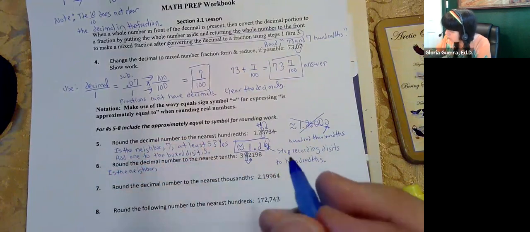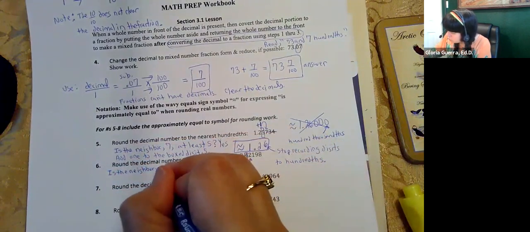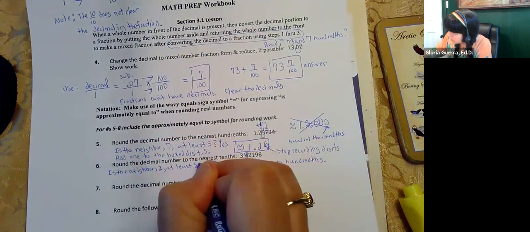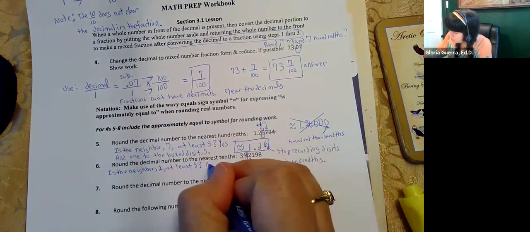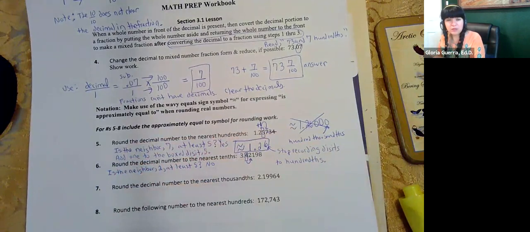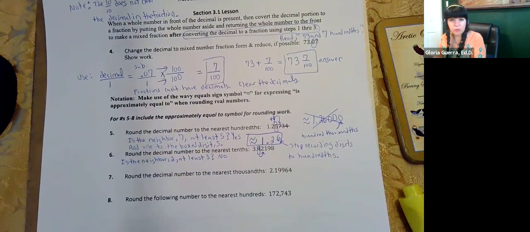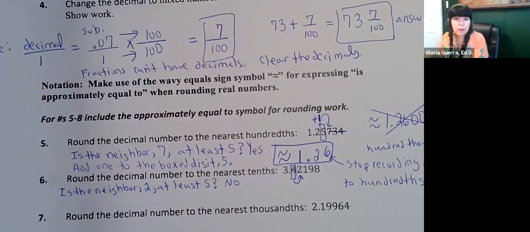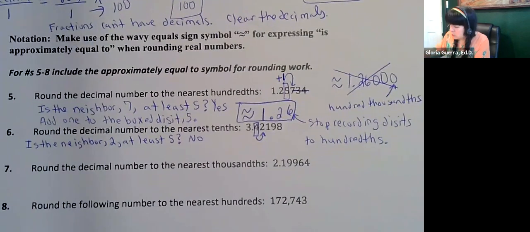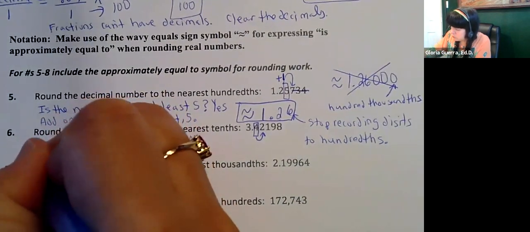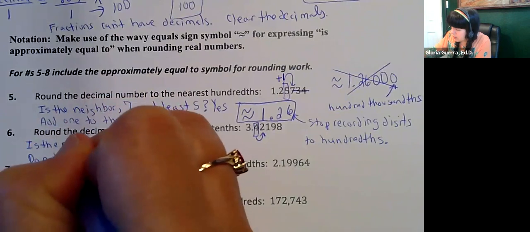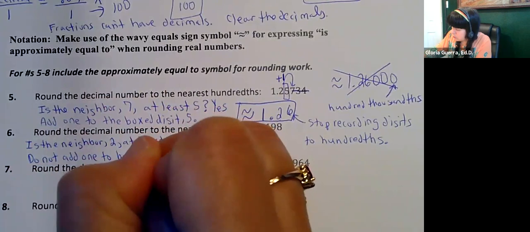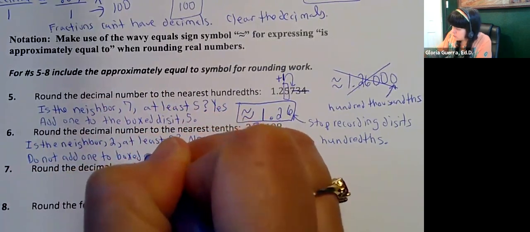The question is, is the neighbor 2 at least 5? And you would say no, that 2 is not 5 or more. So then what happens is we do not add 1 to the box digit.